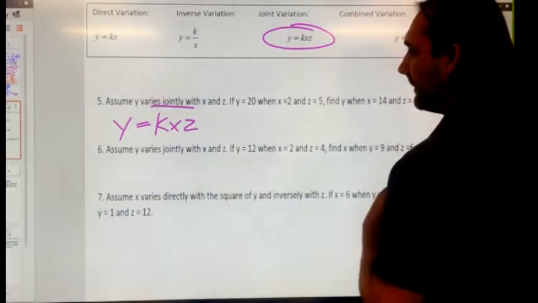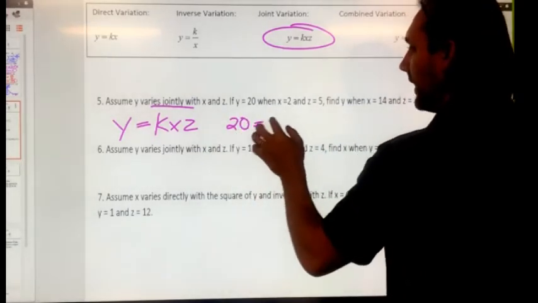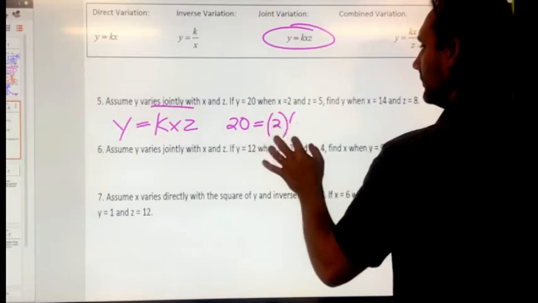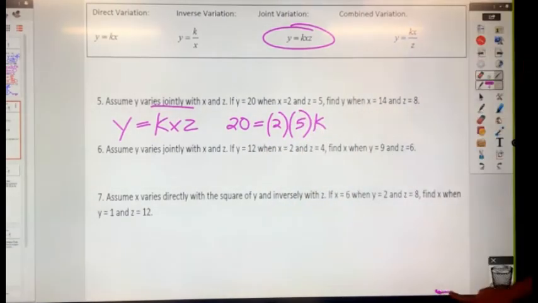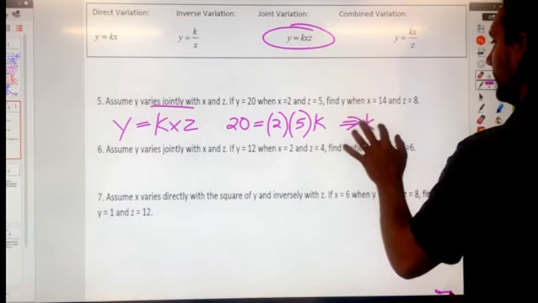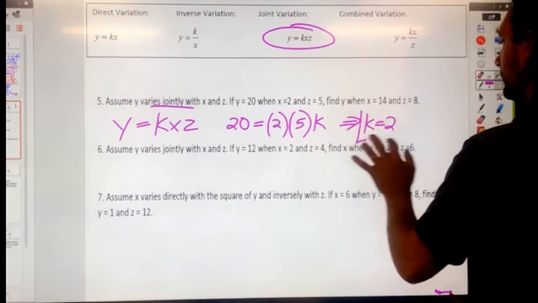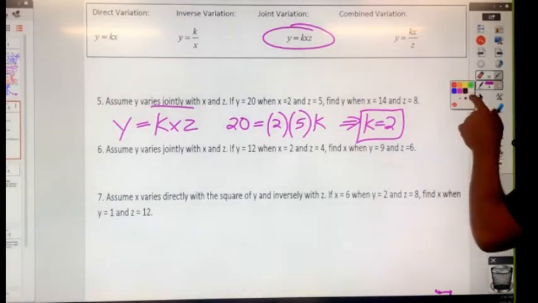Where again, I need to find my k value. I'm given y is 20, x is 2, z is 5, and I need to find k. So 20 equals 2 times 5, which is 10k. Divide by 10, k is 2. Now I can find y when I'm only given x and z.